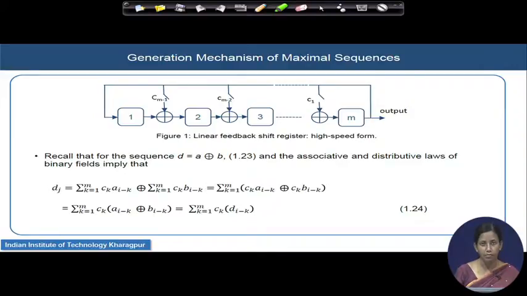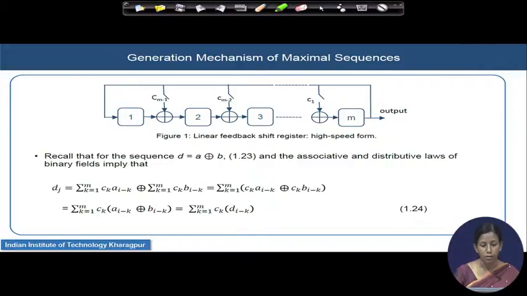In the high speed form, we shifted all those XOR gates, the linear logic gates, into the forward path, which is coming from stage number 1 to stage number m in between, and the CKs were the switches which were allowing the feedback of a particular stage to contribute to the feedback logic.